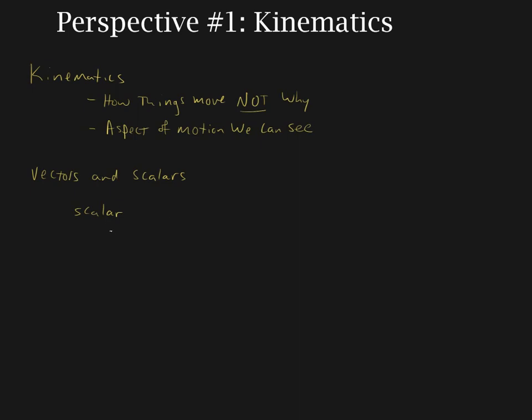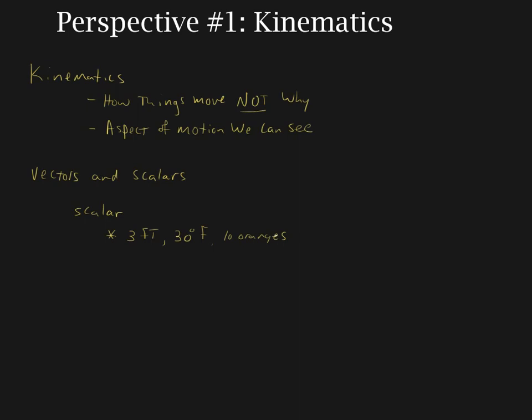So examples of scalar numbers would be to say 3 feet or 30 degrees Fahrenheit or Celsius, 10 oranges. All right, these are all things that have no direction associated with them. Scalars are pretty easy to work with. We like to work with scalars.